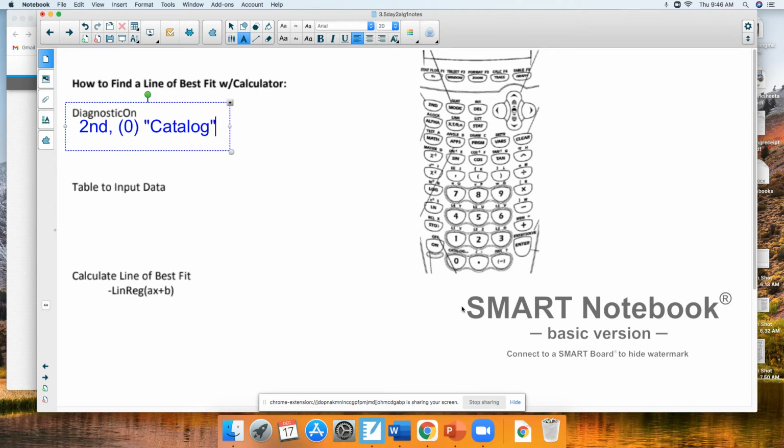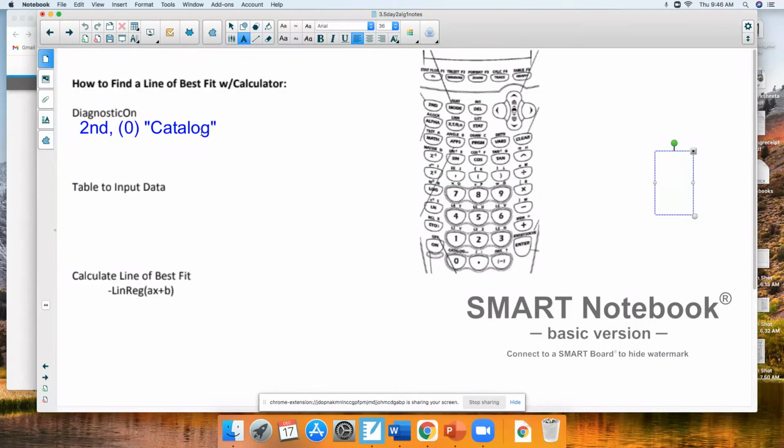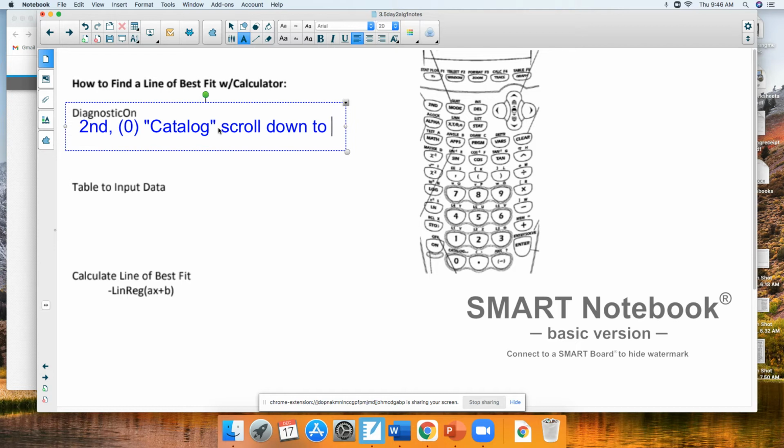All right, once we're in that catalog, so here's second and 0, we're going to scroll down to diagnostic on. So scrolling, and here's our diagnostic on. And it is a program, and so you do actually need to make it happen by entering.